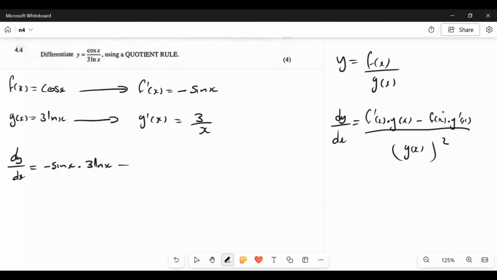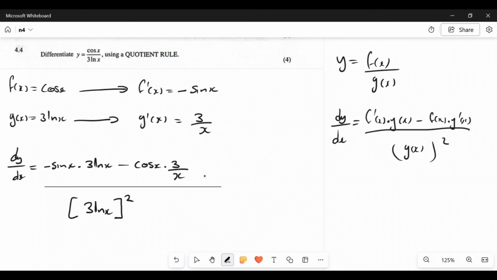Minus the second term, where you multiply f of x with the derivative of g of x. So f of x, we know that is cos x, and the derivative of g of x, we found, is 3 over x. There we go. All of this is supposed to be divided by g of x squared. So what is our g of x? It is 3 ln x. Then we square this.